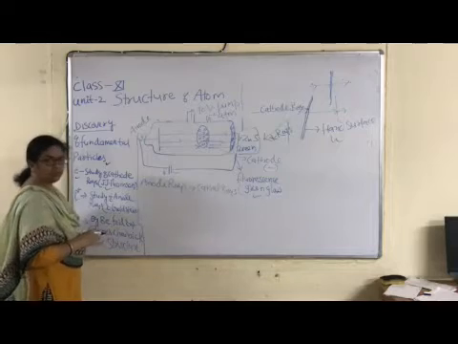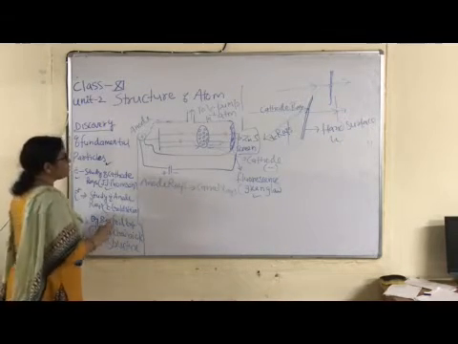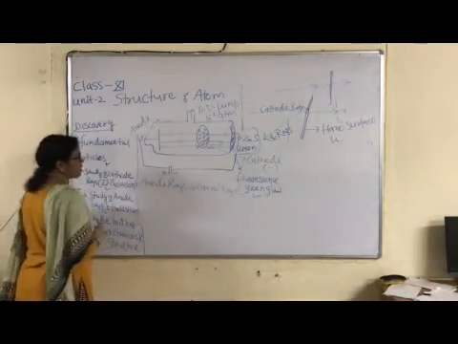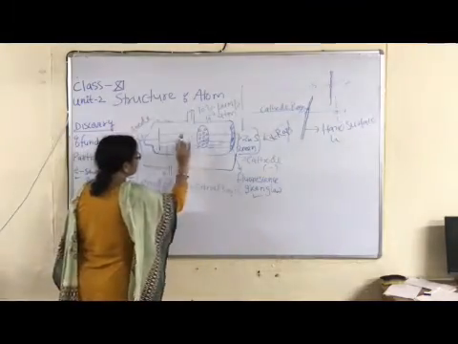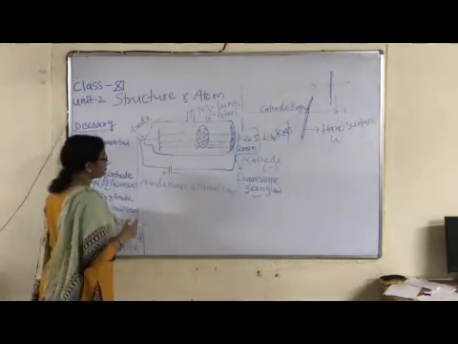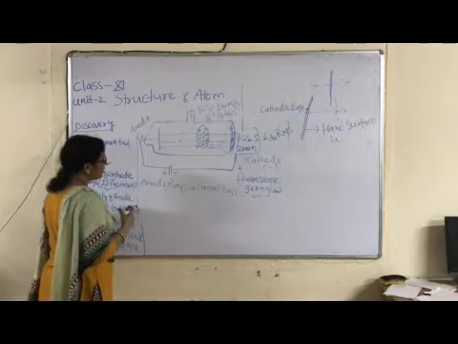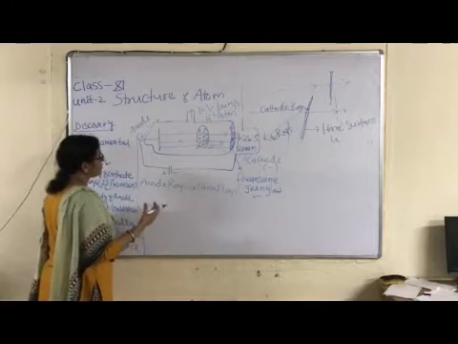Some opposite properties are shown by anode rays, because the source of anode rays is the anode plate, which is positively charged. Some features are common. What is the common feature? Anode rays also travel in a straight line. Anode rays also travel with fast speed, right? Anode rays deflect towards the negative plate of the electric field.